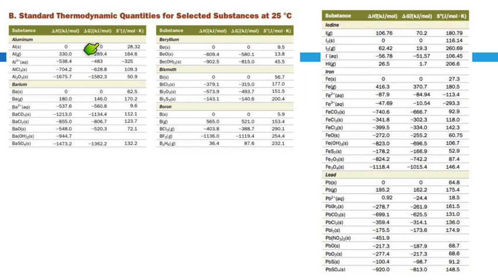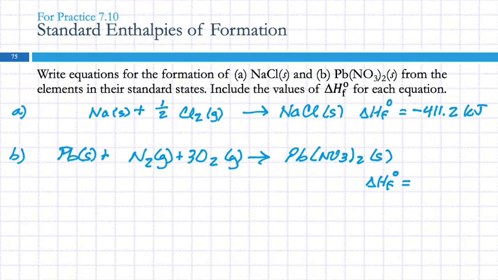This is Gibbs free energy, and this is entropy, and you're not going to need those until you take Chem 1B. So we're looking for lead II nitrate. So lead is over here, and there it is, Pb(NO3)2 solid. So minus 451.9 kilojoules. Okay?